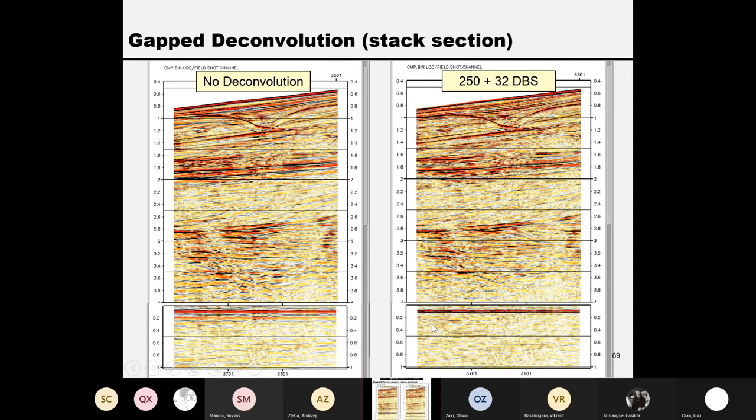On the stack section, you can see very clearly the zero lag autocorrelation is identical to the zero lag autocorrelation of our original stack. The multiples are completely removed, right?